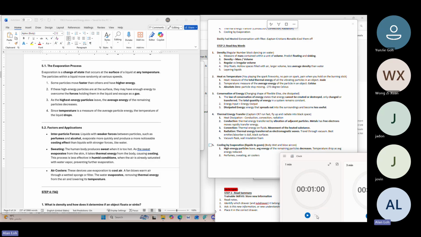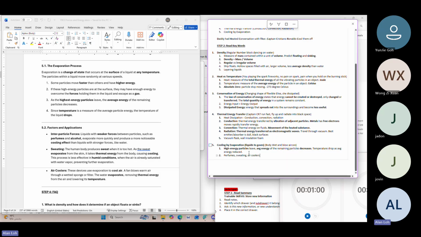Okay, done. Do you have the same feeling that I had when I was reading this the first time? I did not understand it that much, but now after 45 minutes, I understand it a bit more. Right? You have the same feeling, right?